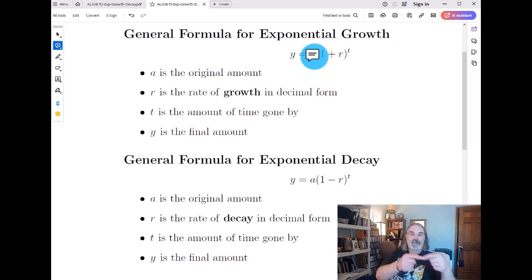And then the next day, it'll be 1.1 times the second day's amount, and so on and so on. The population is going to get bigger and bigger. So if r is 10% or 0.1, this 1 plus r would be 1.1 raised to the variable t for time. That is exponential growth because the base is bigger than 1.